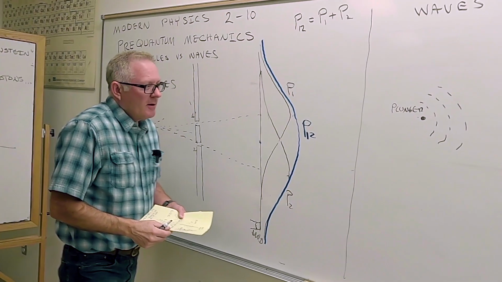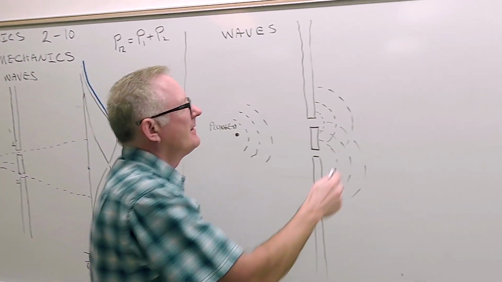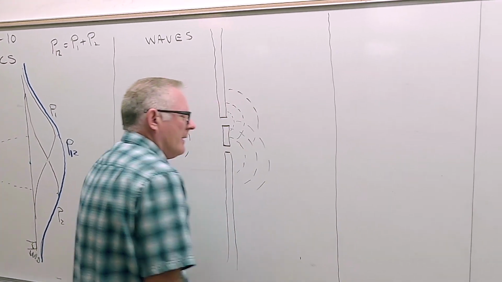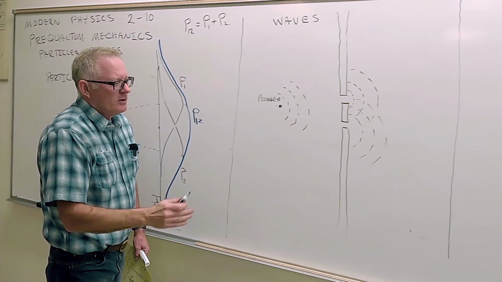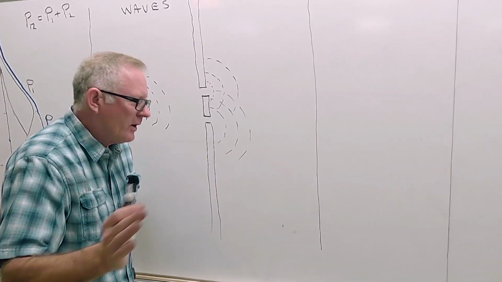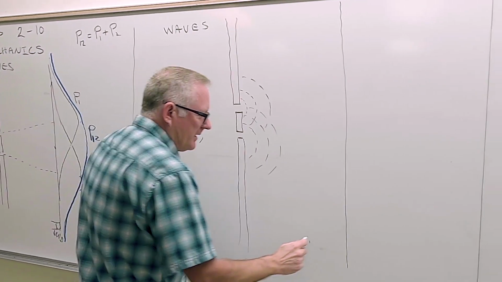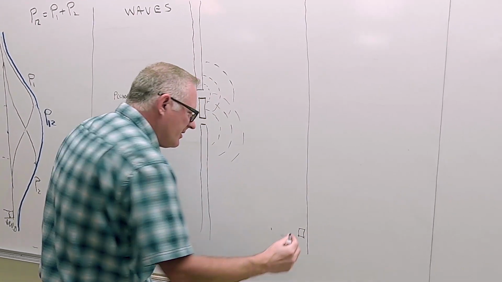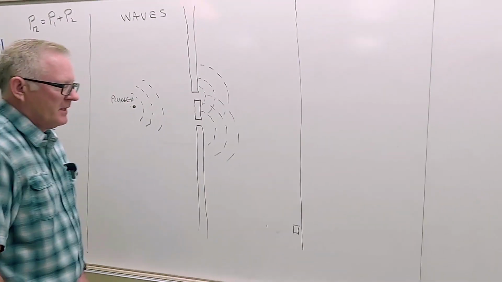Okay, and then we could have a back wall back here. What we're looking at is how much the wave goes up and down. So I could have a little piece of wood and measure how much the height changes going up and down.